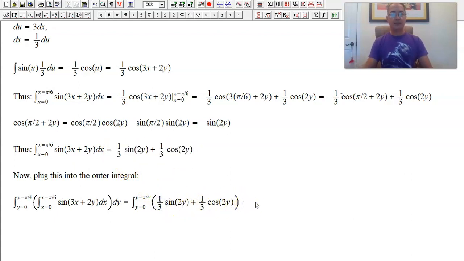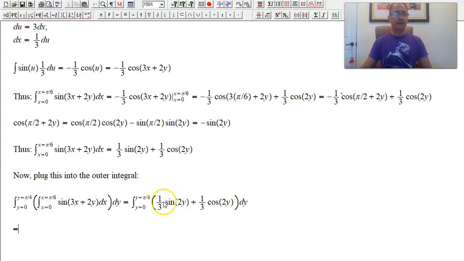Okay, and we have dy also. We're back in basic single variable calculus. Okay, so we know how to do this. Simple u substitution, and remember your antiderivatives for sine and cosine.